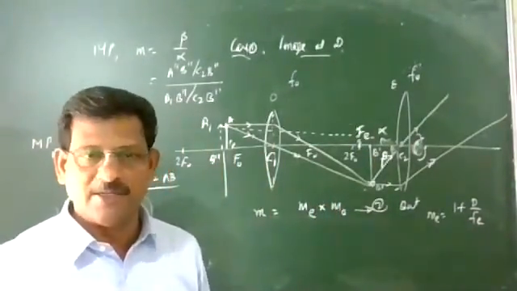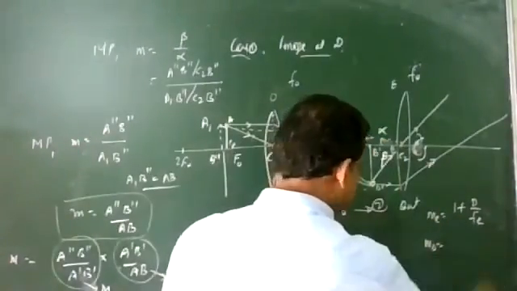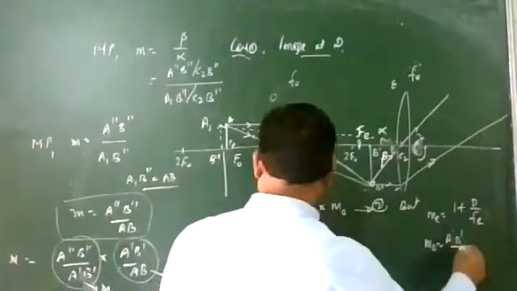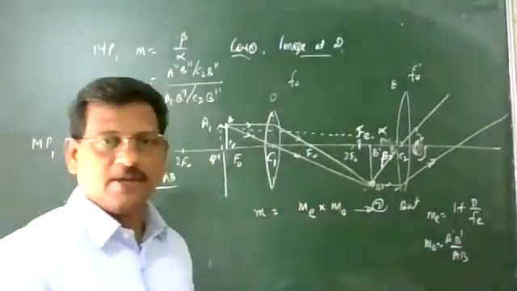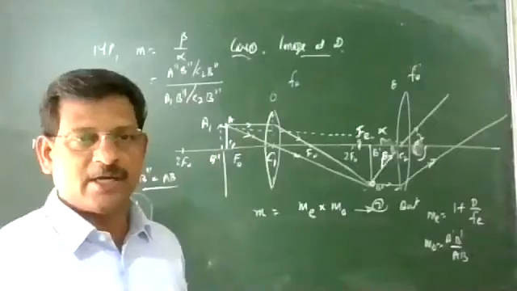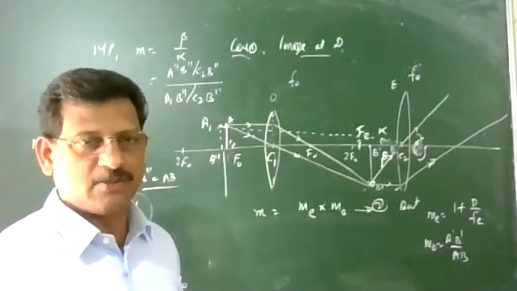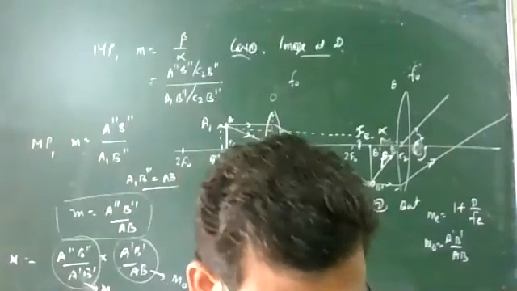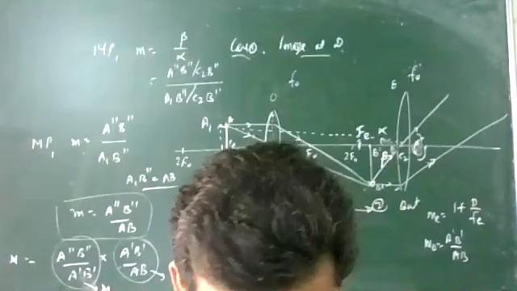Okay. Now what about M_O, the magnification of the objective lens? The magnification of the objective lens is A dash B dash upon AB. This can be related to the object and image distances, as we have seen in the case of lenses. Ordinary magnification, A dash B dash upon AB, will be considered as image distance upon object distance.